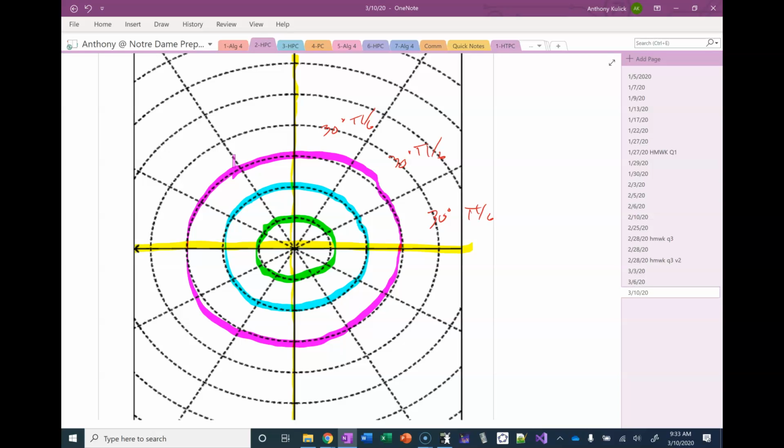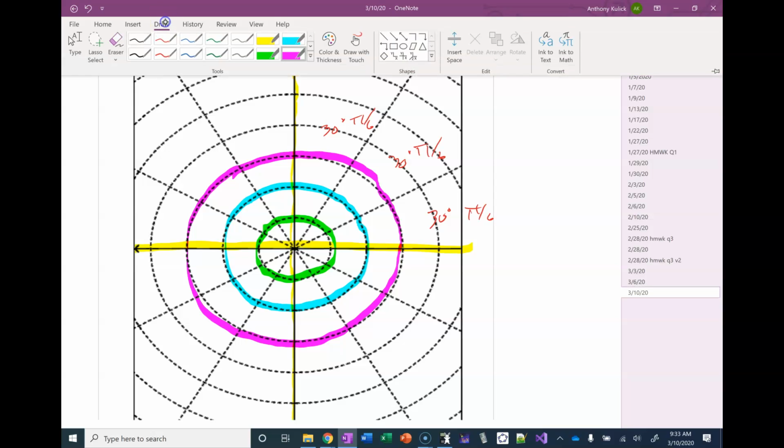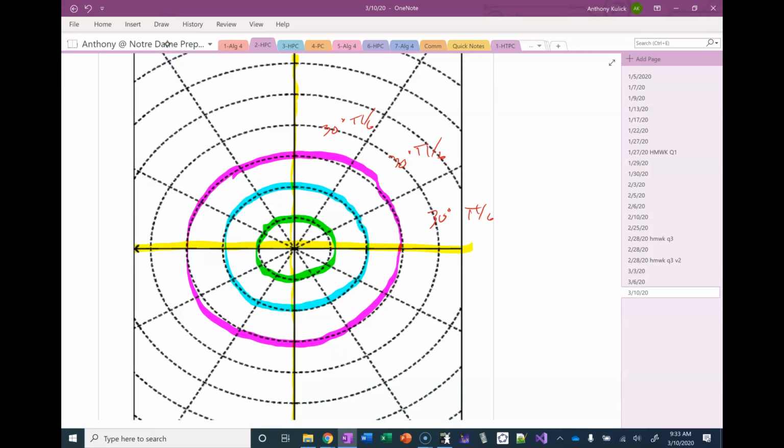So when we talk about the polar coordinate system, the point here at the center, what we would call the origin in the Cartesian coordinate system, is called the pole in the polar coordinate system.